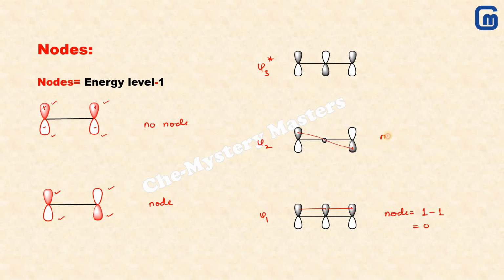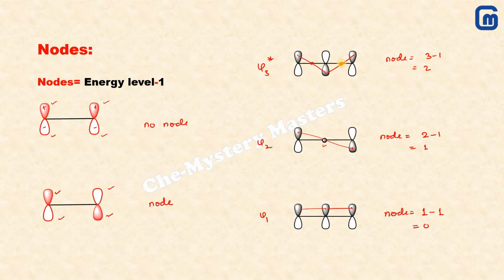So according to the formula, node equals second energy level minus 1 equals 1 node, and this particular opposite direction structure tells you that there is 1 node. And for the third one, that is 3 minus 1 equals 2 nodes. So this is your first node and this is your second node, which is formed in this psi3 star orbital.